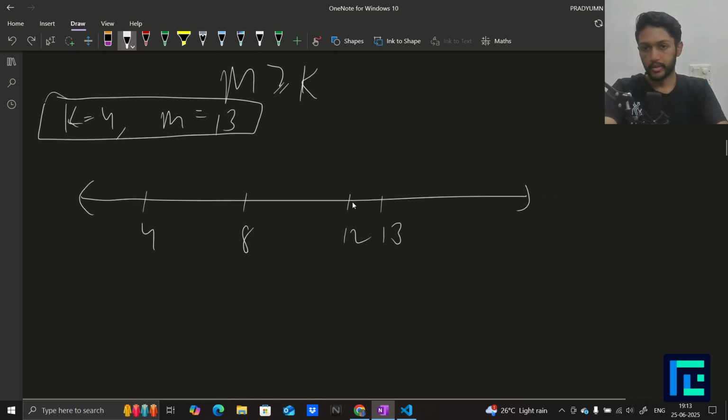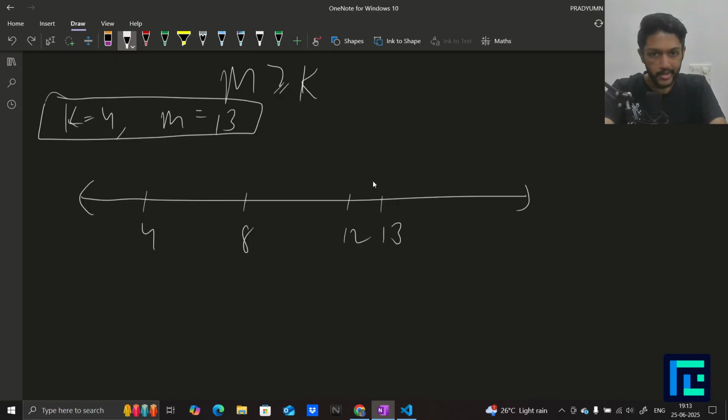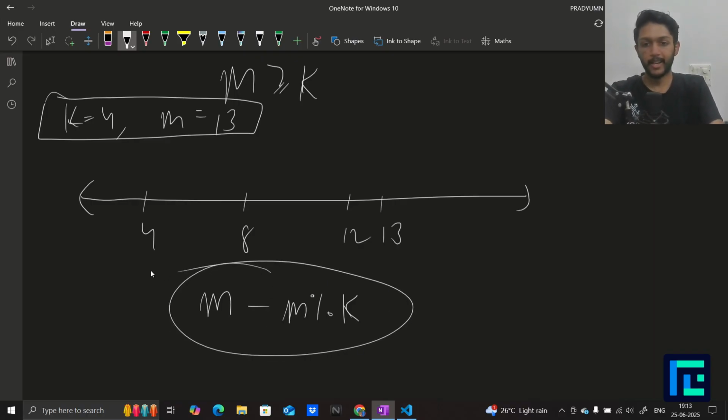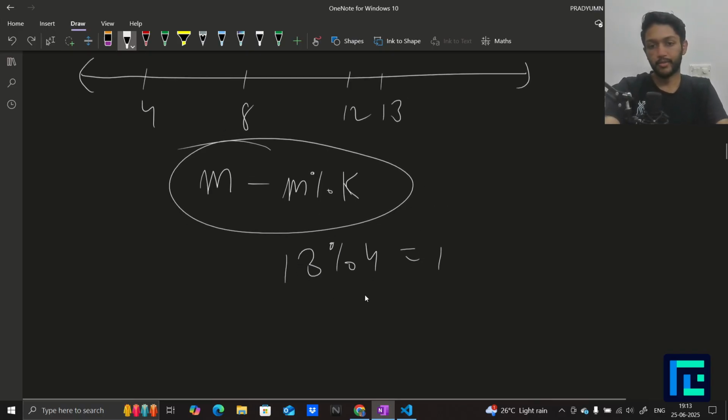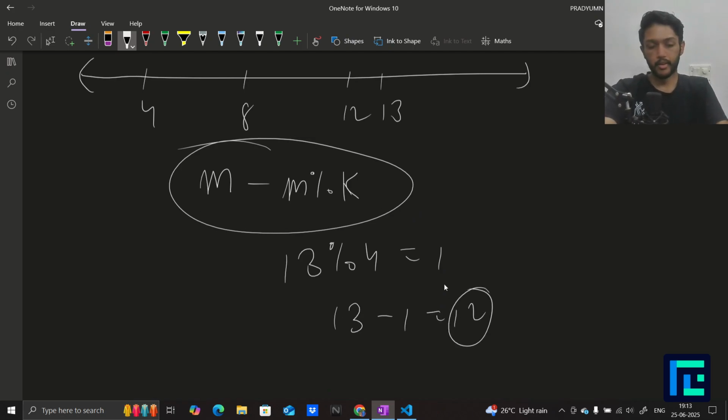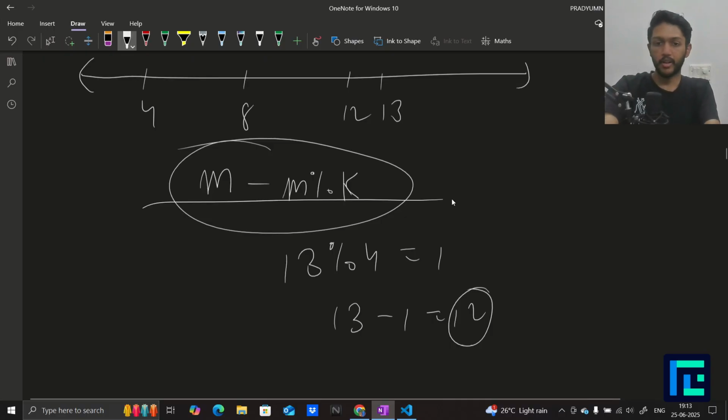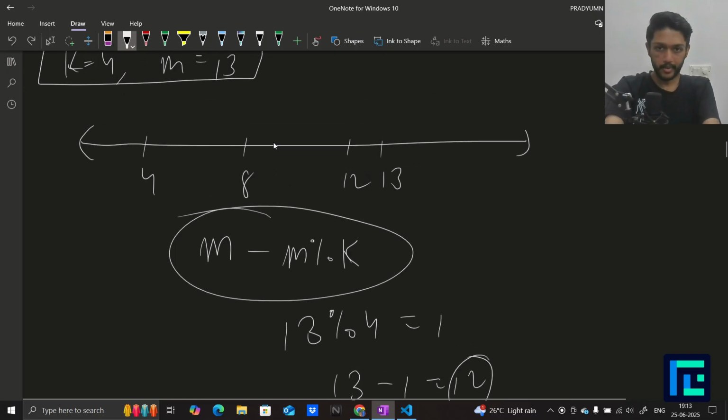In general, we can simply subtract the remainder of m divided by K from m. Here, 13 mod 4 is 1, so if we subtract 1 from 13, we get 12, the highest multiple of K less than or equal to m.